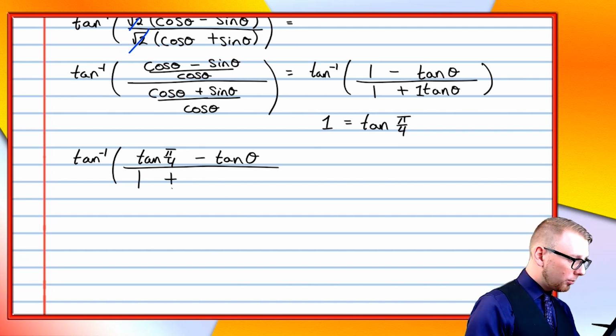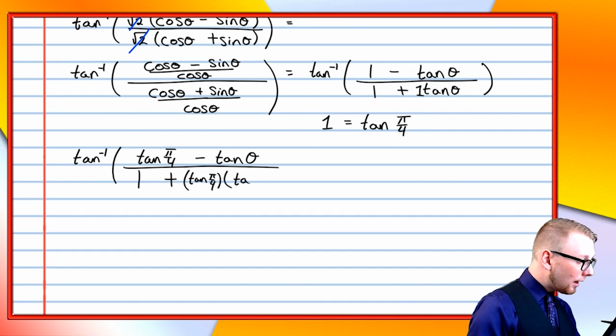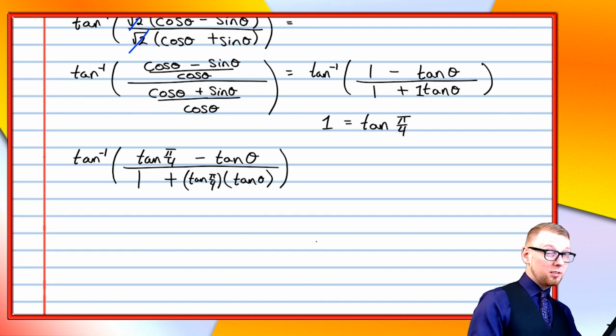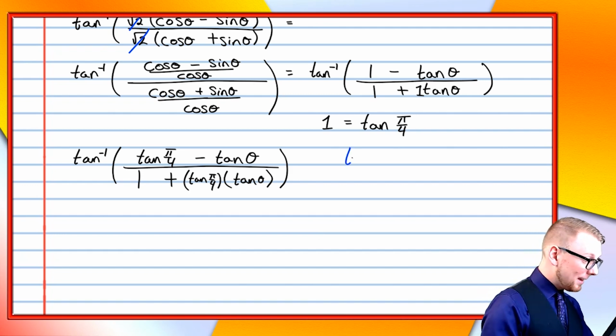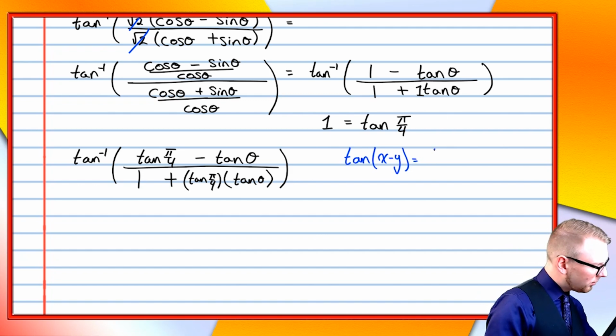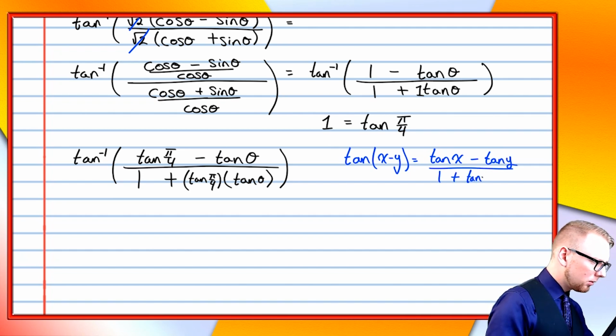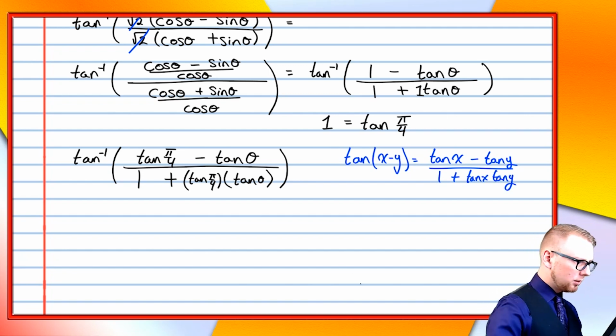So this will be 1 plus tan of pi over 4 times the tan of theta. Okay, now this looks a little bit familiar. Remember that tan of x minus y is equal to tan x minus tan y over 1 plus tan x tan y from our reference sheet, our trig identities.